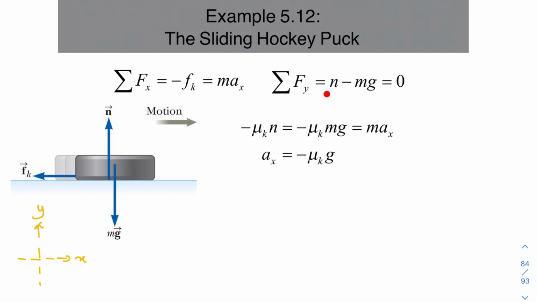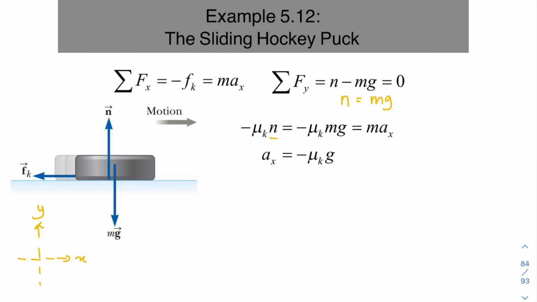Sum of Fy is equivalent to normal minus weight, equivalent to 0 because there is no motion along y at all. Then you have to rearrange this formula, substituting Fk with mu k n. What is your N? Your N is coming from here. Your N is equivalent to mg. So substitute it here.